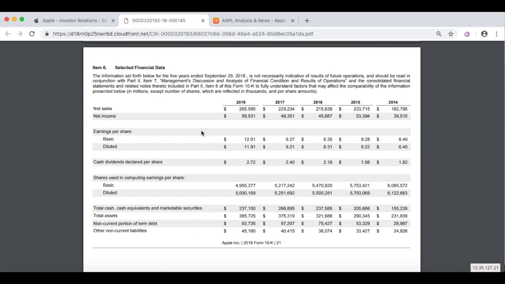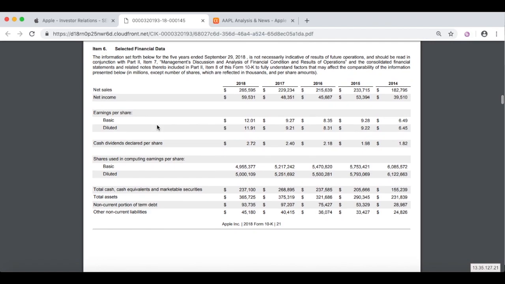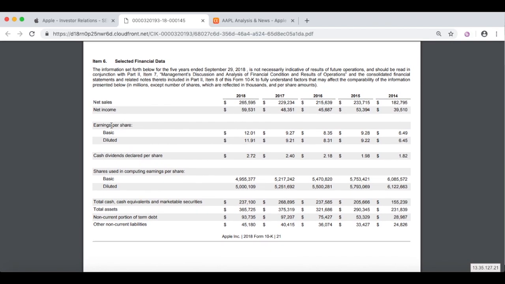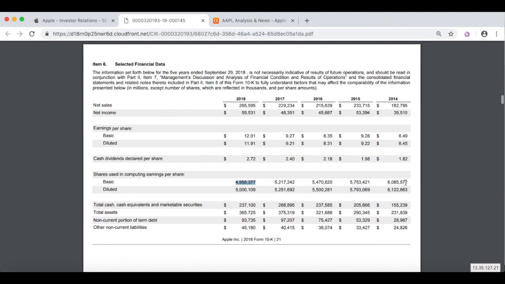Here's where the share buyback, what I was talking about a few slides ago, earnings per share, okay, per share. If the company is buying back shares and retiring them, we'll see that here. Look back in 2014, how many basic shares were outstanding? It's this number. Look how many there are today.